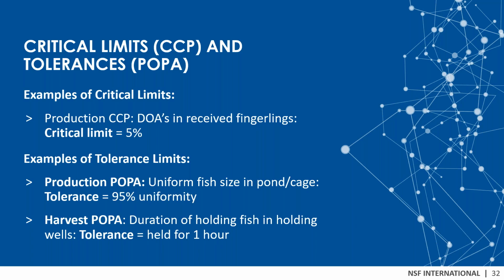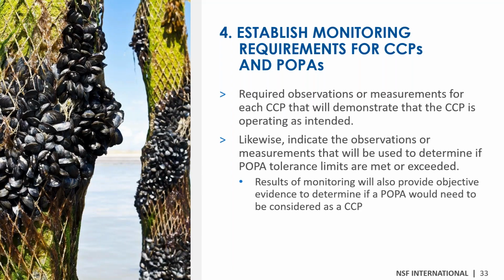Your tolerance could be set at 95% uniformity. Another point of particular attention we identified was at harvest, the duration of holding fish in holding wells, and that tolerance limit could be set at held for 1 hour only. So it just gives you an idea of how some of those critical limits and tolerance limits look, so that you can decide whether those are appropriate for your facility or operation.